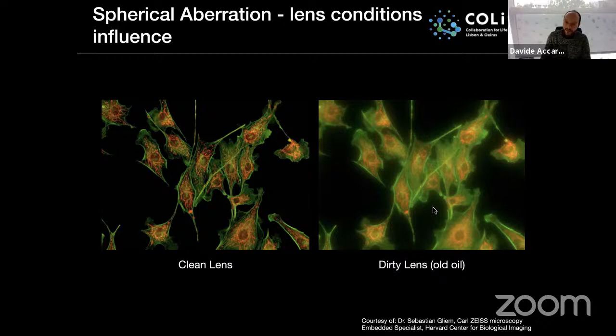I bet that many of you are familiar with this kind of not very sharp signal that is very often mistaken for incorrect sample preparation, for example incorrect washing or unspecific binding of your antibodies and fluorophores. And instead, it's simply the fruit of not cleaning the lens correctly. Okay.